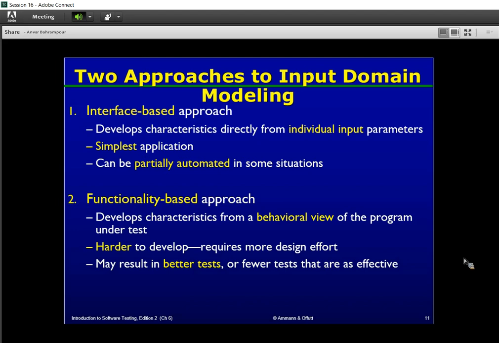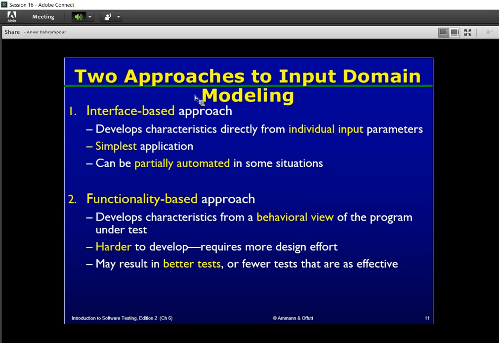session. Define the type of each block. In this session, we talk about just two approaches of input domain modeling.